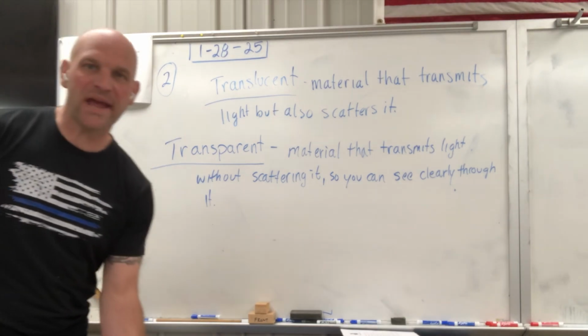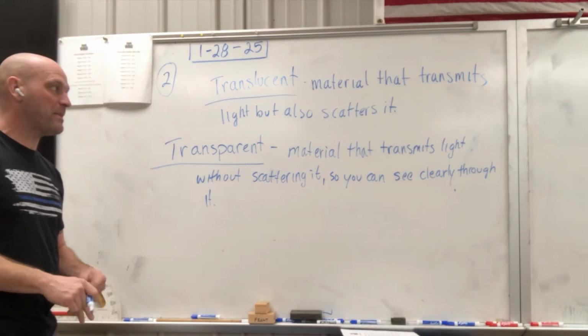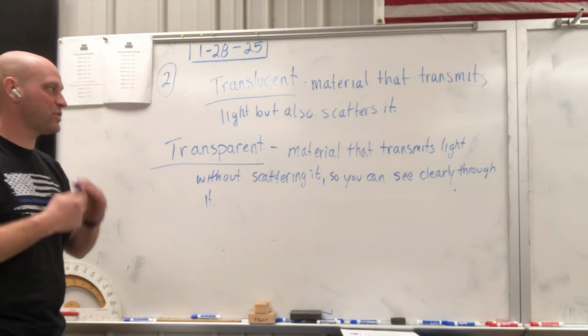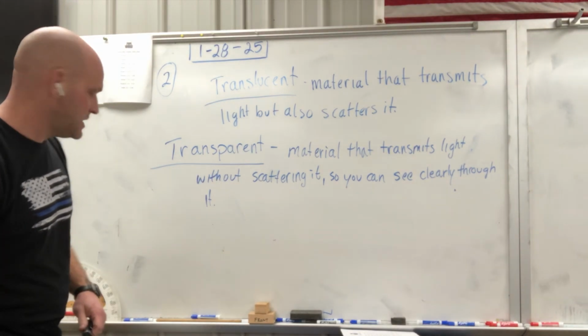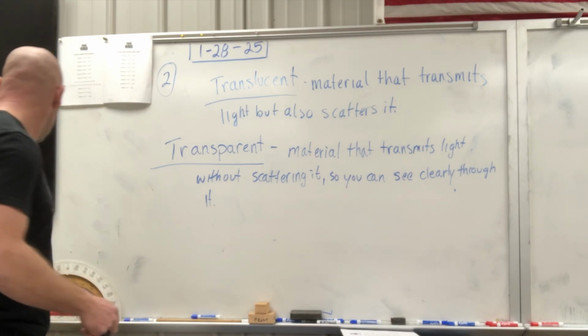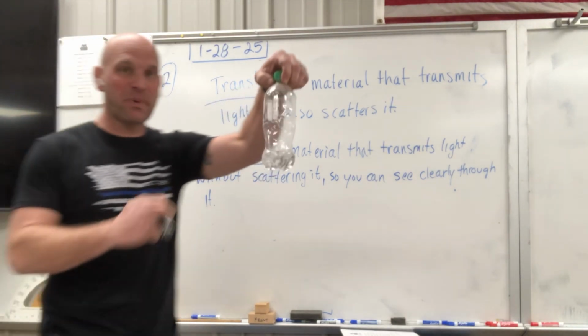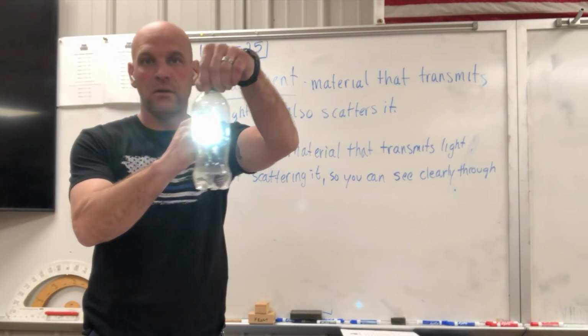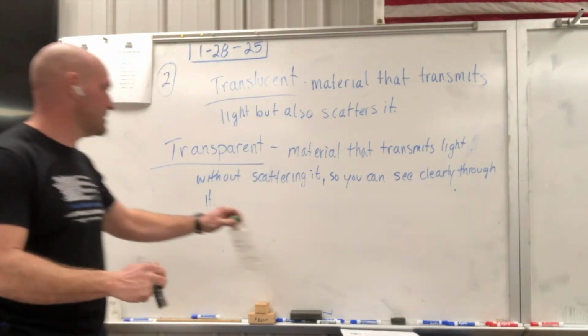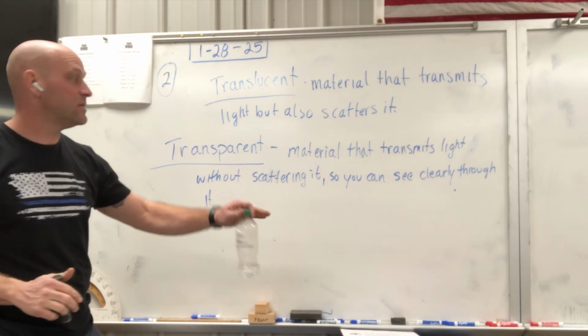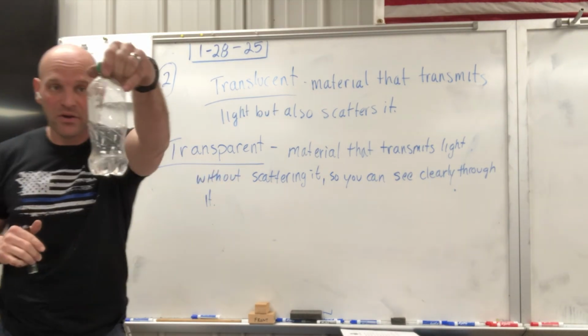If something is transparent, that material allows light to be transmitted through without scattering, so you can see through that clearly. Transparent. You can see through this, and it doesn't scatter the light, so you can see clearly through that.